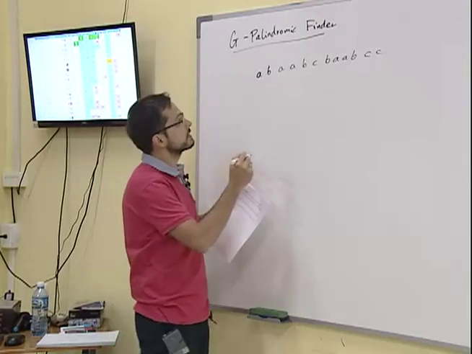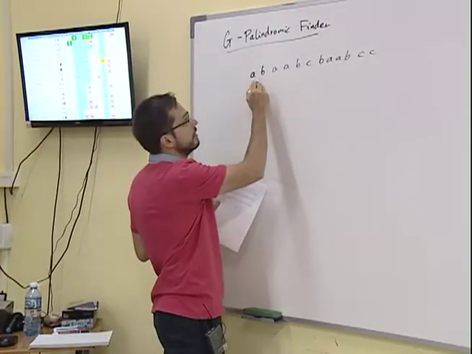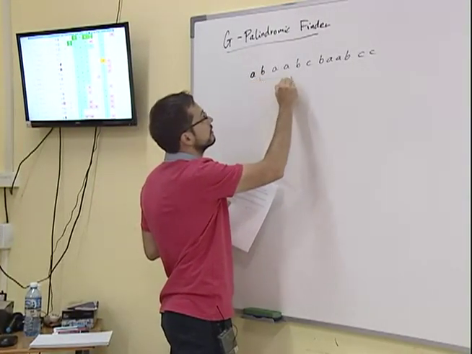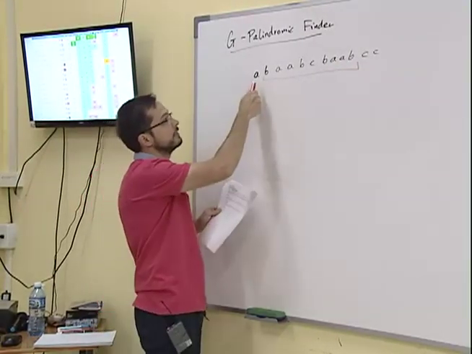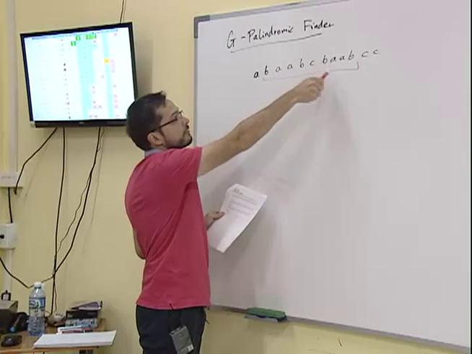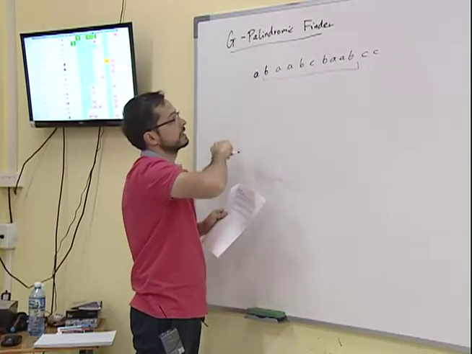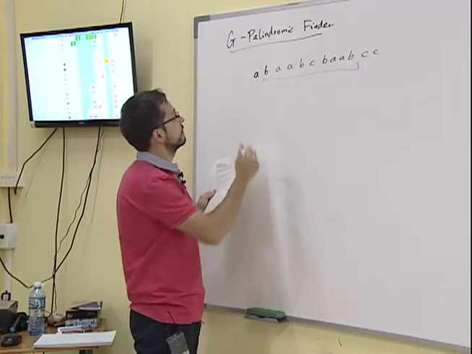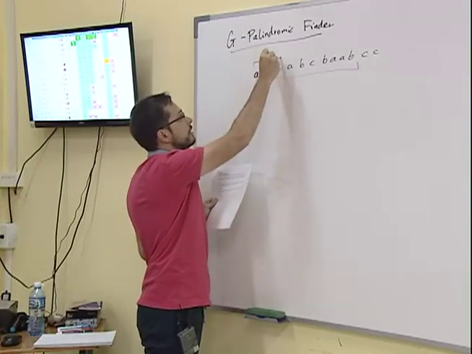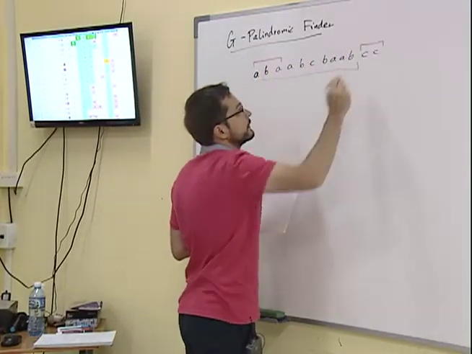So for instance, this long fragment is a palindrome, because if you read it from left to right and from right to left, it's the same. But we also can have other different palindromes, like this one or this one.